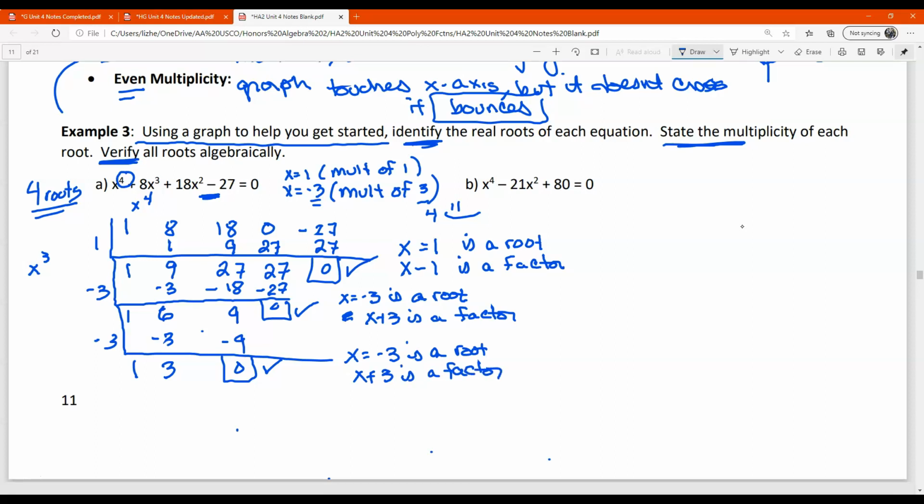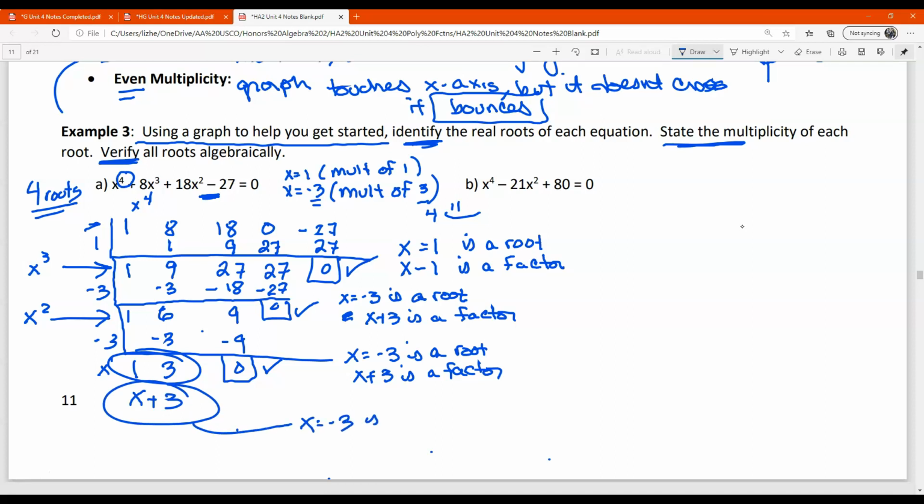Right here, this was x to the 4th, this was x cubed, this is x squared, this is x to the first power. So this means I have x plus 3, which is my last one. This tells me that x equals negative 3 is a root, and x plus 3 is a factor.